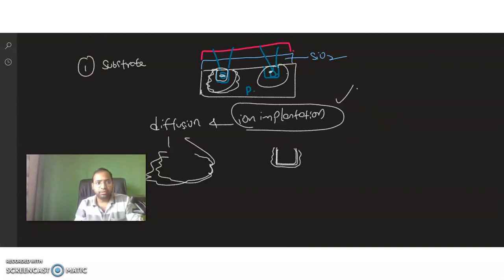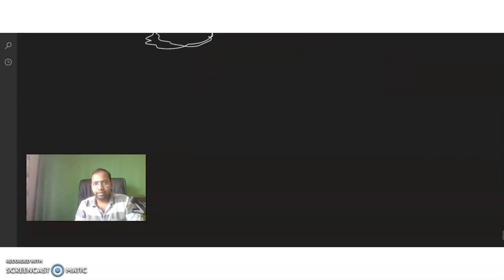Okay. So what is this emitter injection efficiency? If you take the BJT, then BJT is having a total of 3 regions and 2 junctions, right?